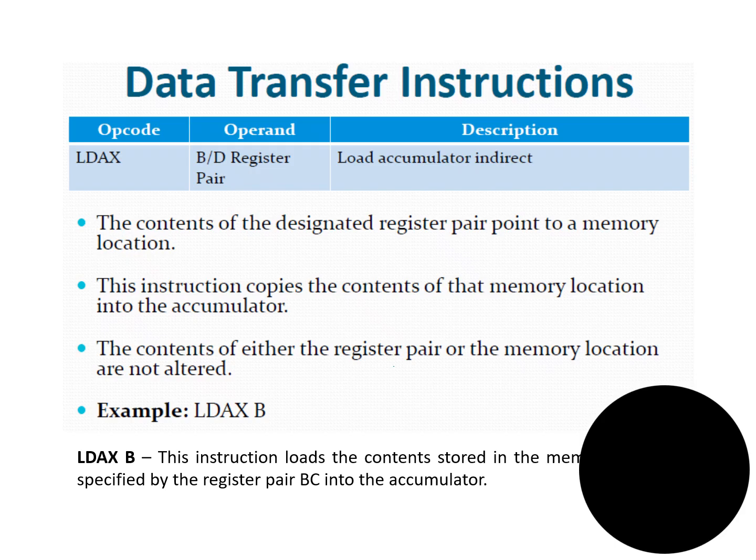The instruction loads the content stored in the memory location specified by the register pair BC into the accumulator. So basically this BC register pair holds the memory location where your data lies, and that particular data will be copied into the accumulator. That is what the instruction does.